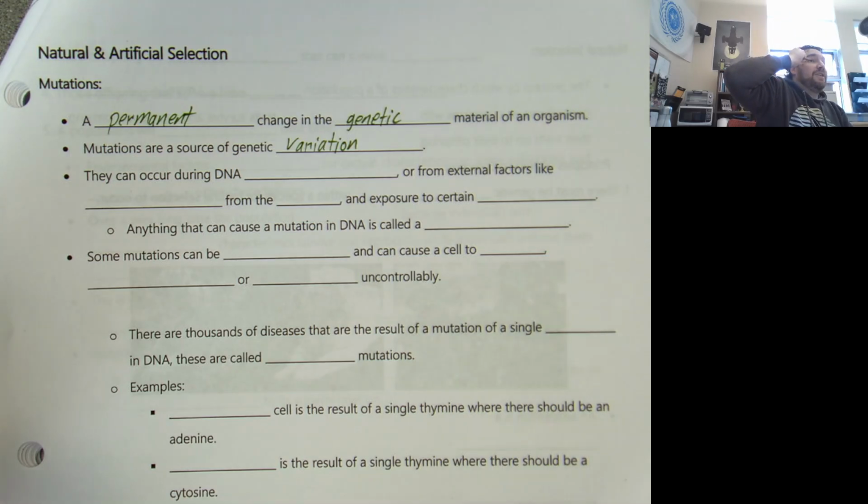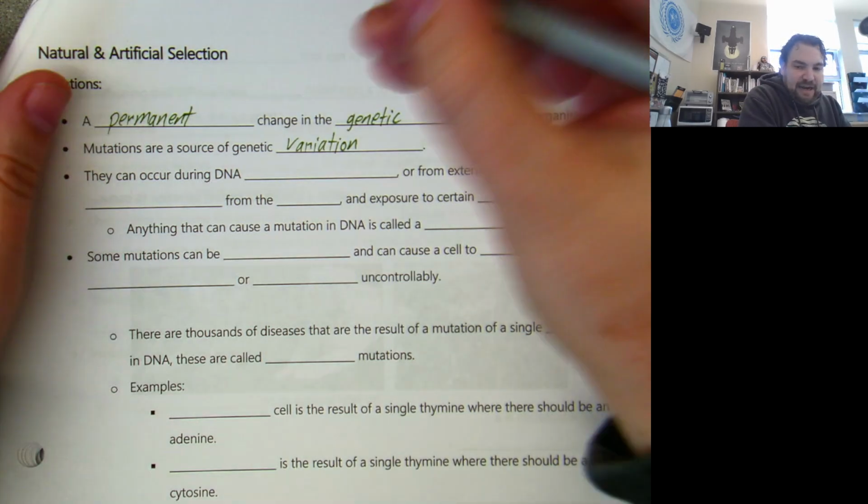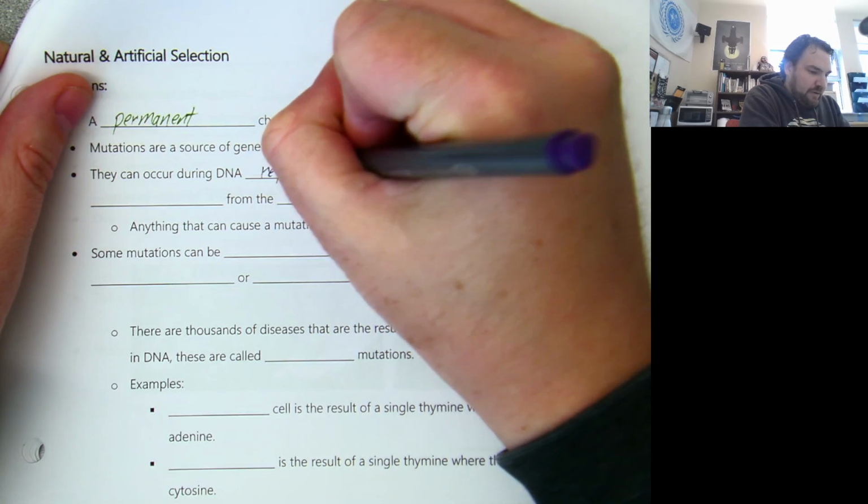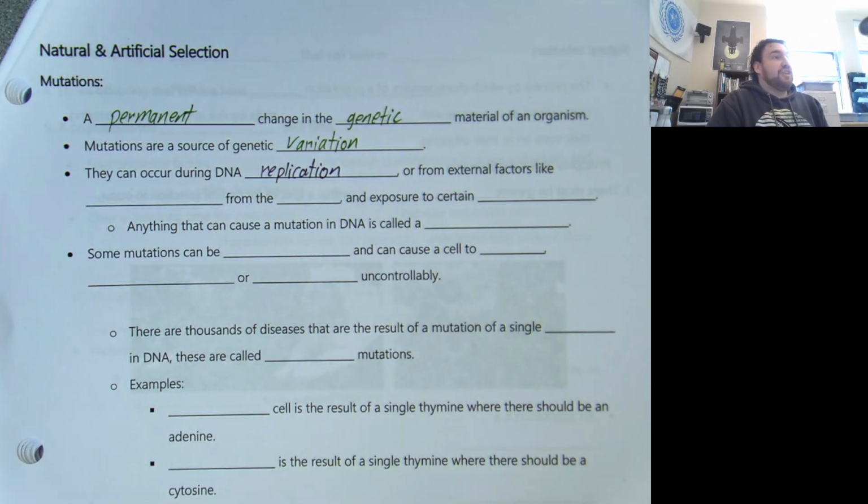In asexual reproduction? Absolutely. Yes. So let's talk about how these problems can occur. They can occur in DNA replication. So often, if it's going to happen, it'll happen in the embryo, while sperm meets egg, and then that egg needs to start undergoing mitosis.